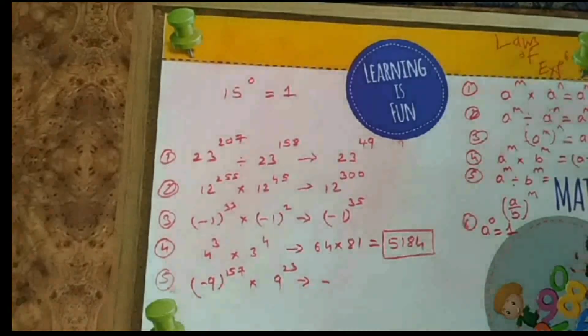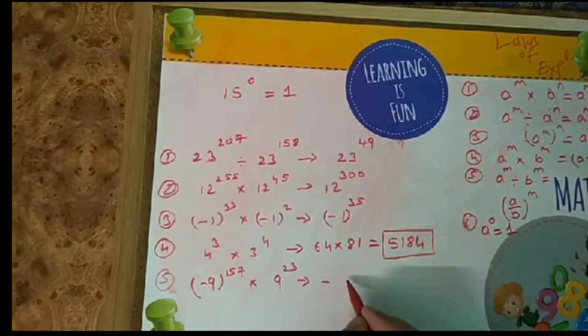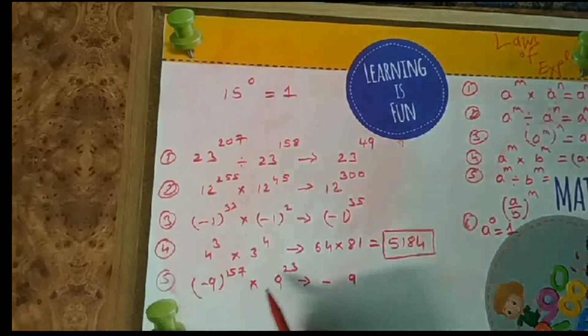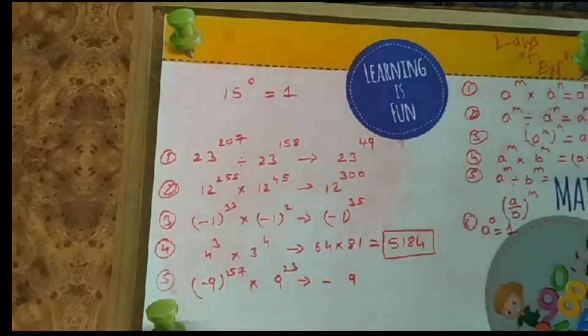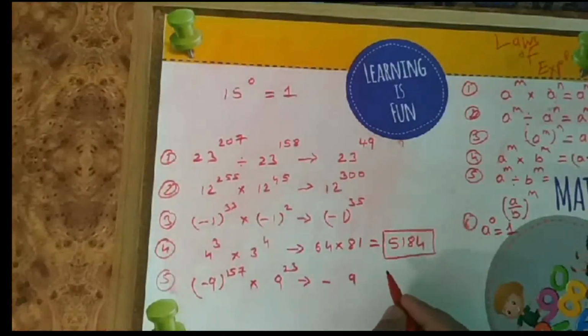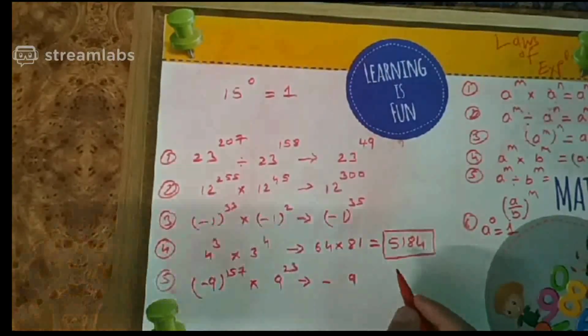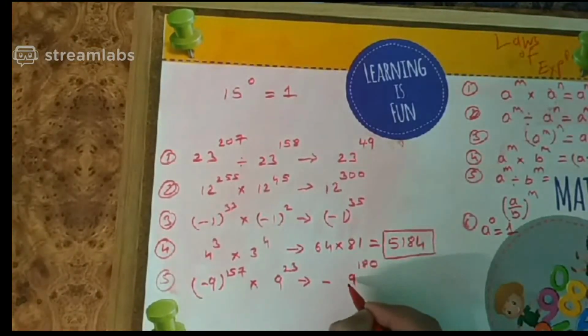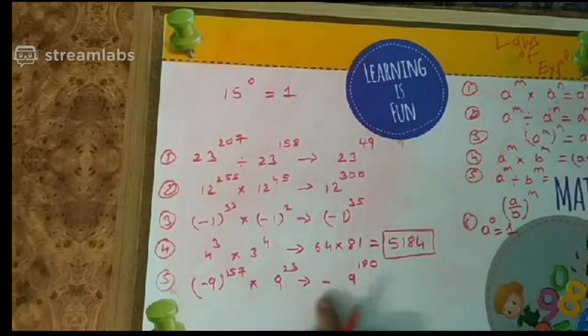Now we have base 9 as it is and a multiplication sign, so law number 1 will be applicable. When the base is the same and the power is different and we multiply, the powers get added. So 157 plus 23 is 180. So my answer is minus outside and 9 power 180.